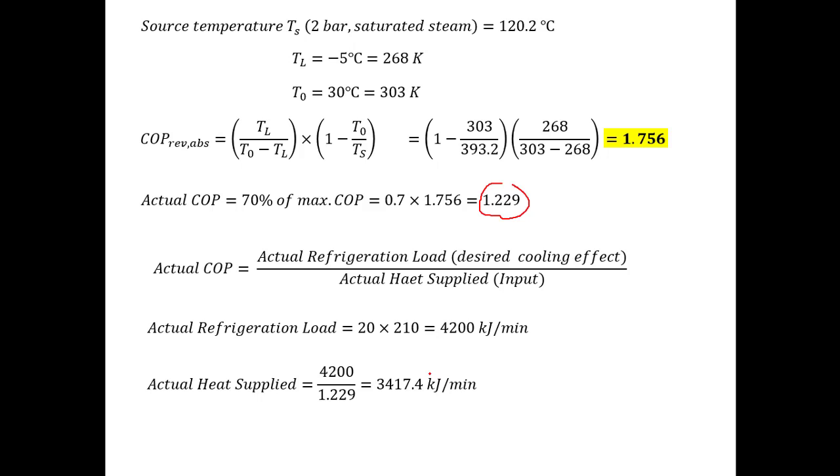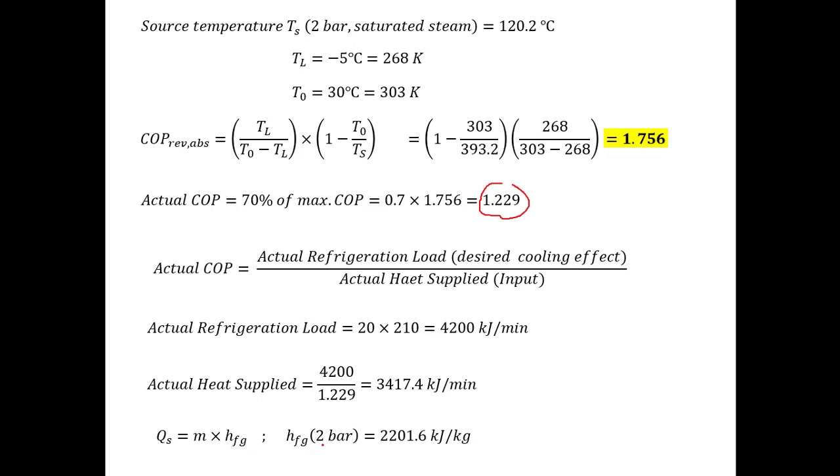So this is the heat that we have to supply in the form of condensing steam. Now that steam is condensing, a phase change. As a result, the steam will condense into liquid. So that heat Qs is the mass flow rate of the steam times hfg, and we can read hfg from the property table.